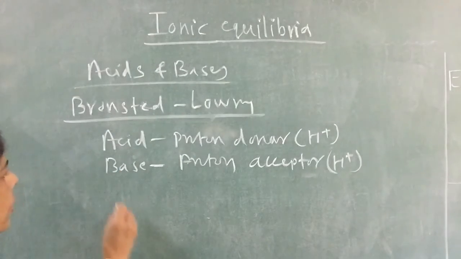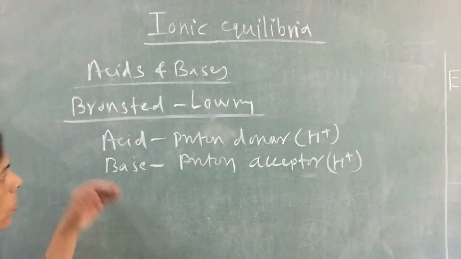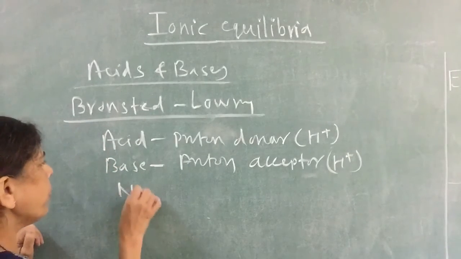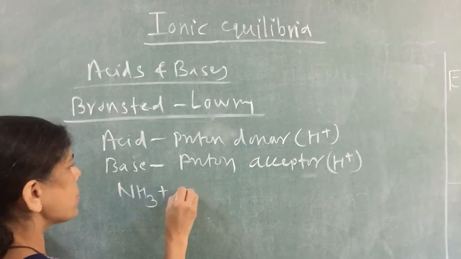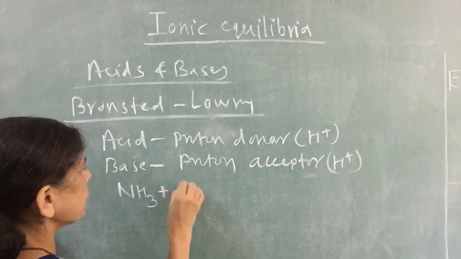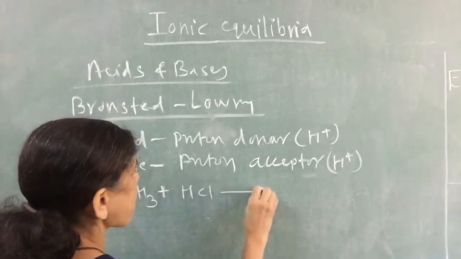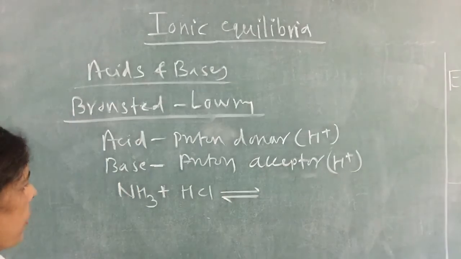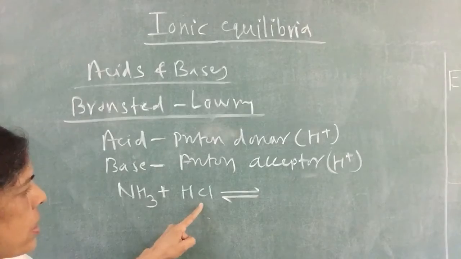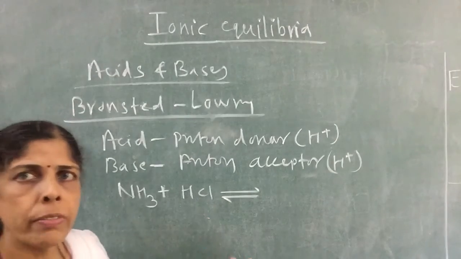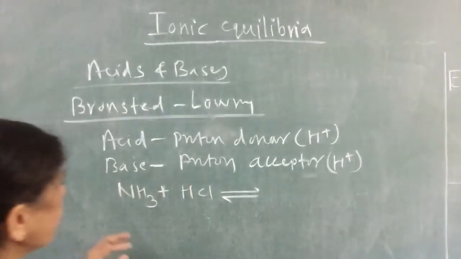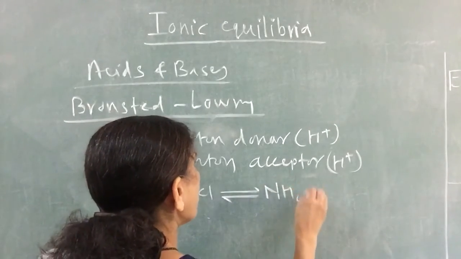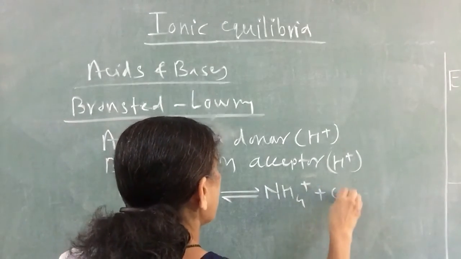For example, if you carry out the reaction between one acid and one base, take NH3 plus HCl. Which is acid, which is base? The products are NH4 plus and Cl minus.